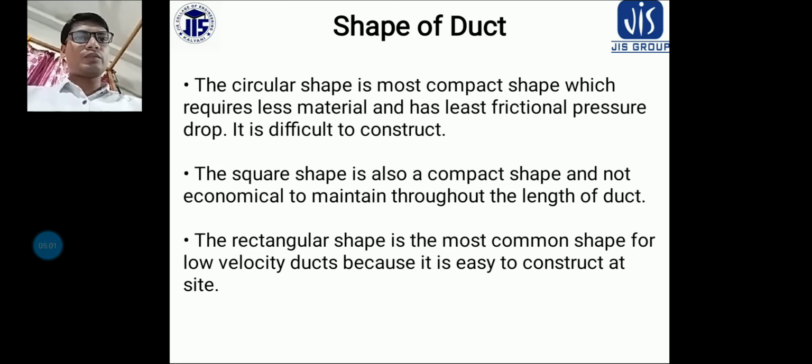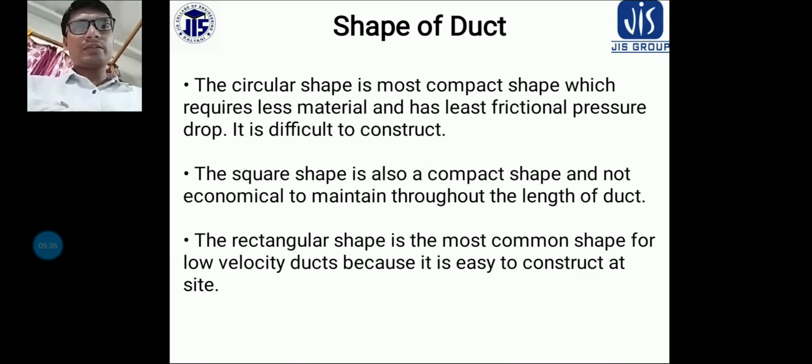Because it is most compact, requires very little material compared to any other duct system, and also has the least frictional pressure drop. It is difficult to construct also, but the circular duct is desirable for the flowing of refrigerated air.